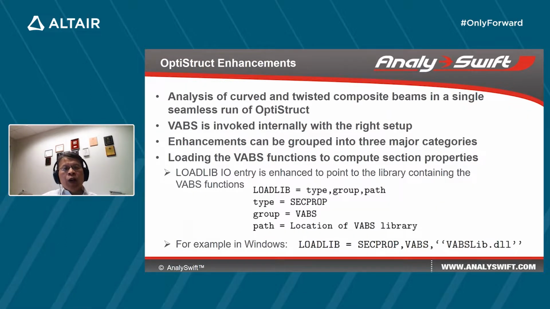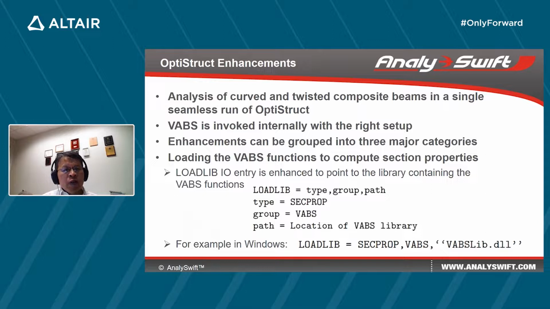And because of the addition of WEBS, we add new capabilities to OptiStruct and enhance the applications of OptiStruct. For example, now we can analyze curved and twisted composite beams in a single seamless run of OptiStruct.